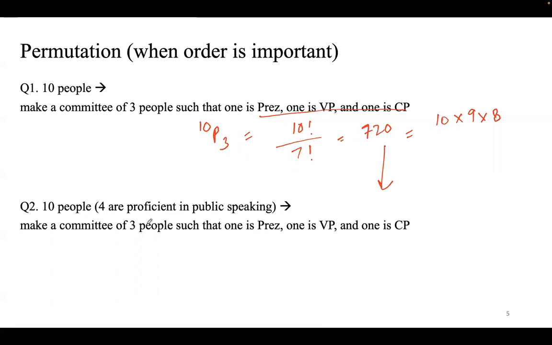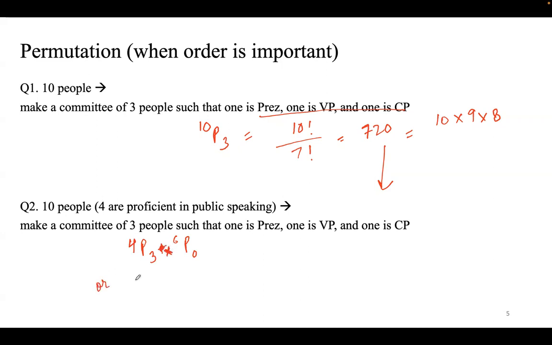Now there's one more way in which we can calculate this, a complicated way, but it might clarify a few things. We are talking about 4 people proficient, 6 not proficient. What may happen is that out of the 4, all 3 are chosen, and out of the remaining 6, nobody is chosen. This is one option, right?